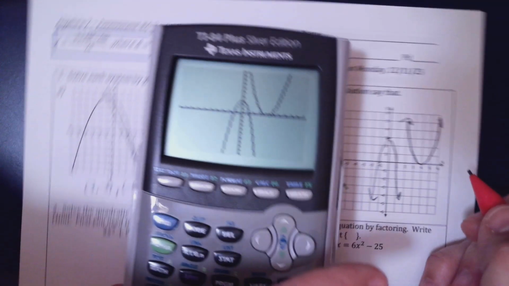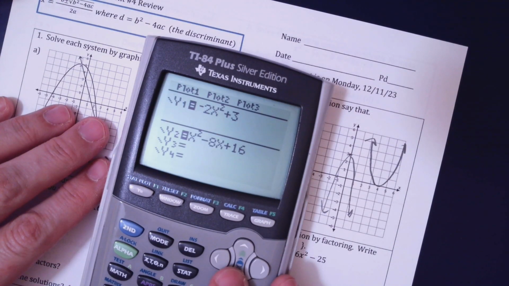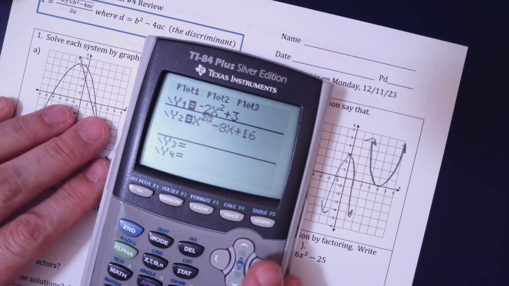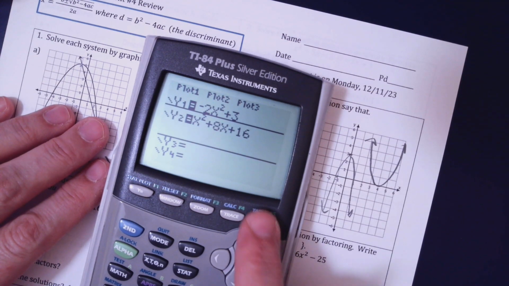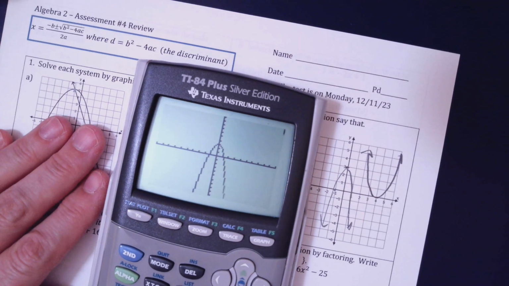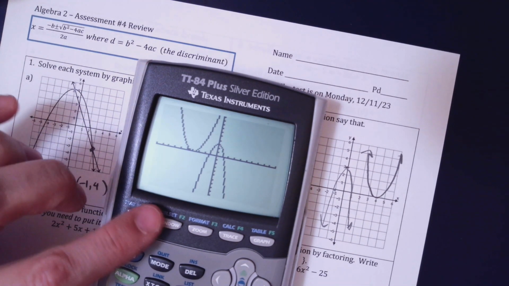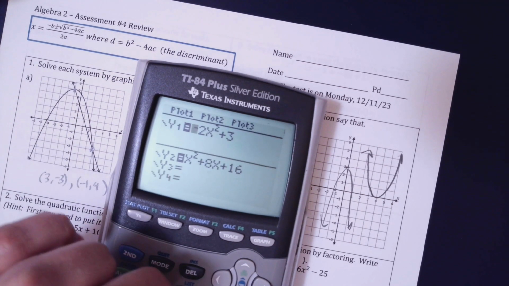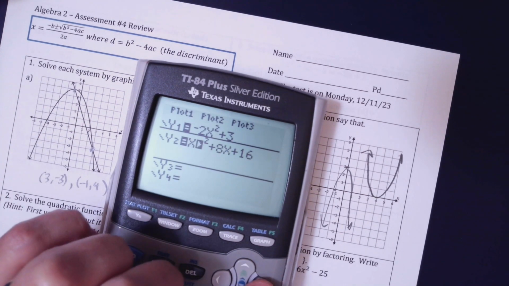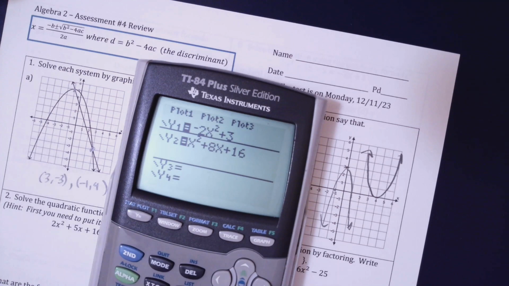But if you did have to do this on your calculator, let me move this around a little bit. So I'm going to change this one right here. I'm just going to change it to be a plus 8x. And then they're going to cross each other. Oh, no, they're not, because this will be on the other side. So let me just make it plus 2 and then put a 4 over here.